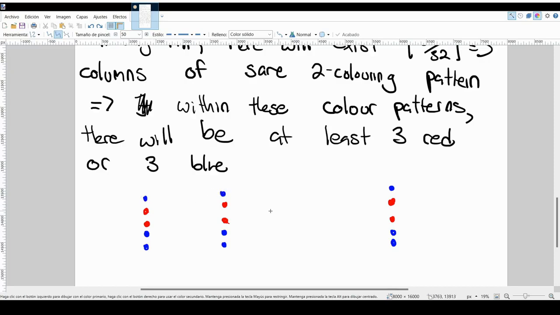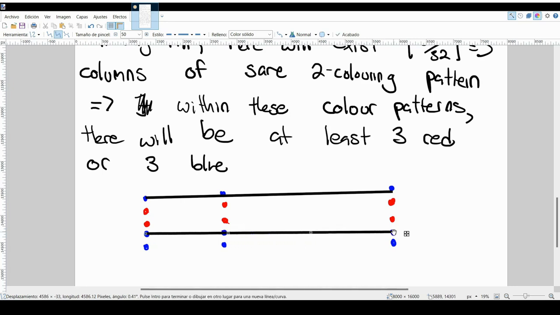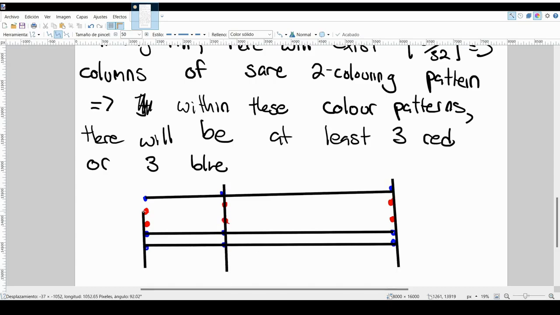So we have just 3 arbitrary colorings along the 65 columns. And we can note, if we draw a line through here, a line through here, and a line through here, as well as a line through here, a line through here, and a line through here, we have 1, 2, 3, 4, 5, 6, 7, 8, 9 points of intersection of identical color.